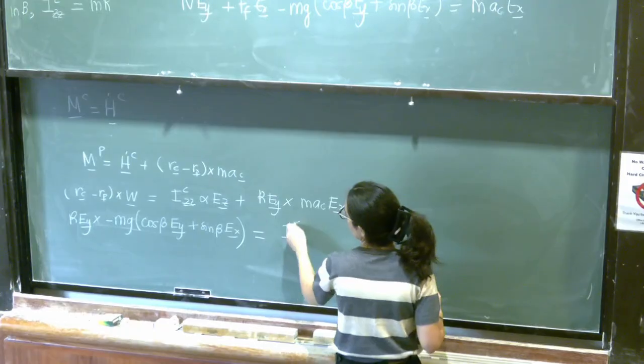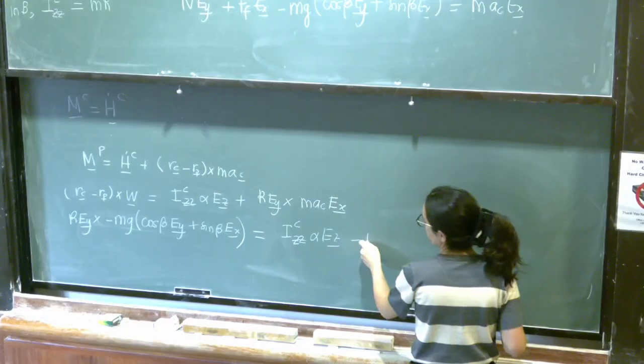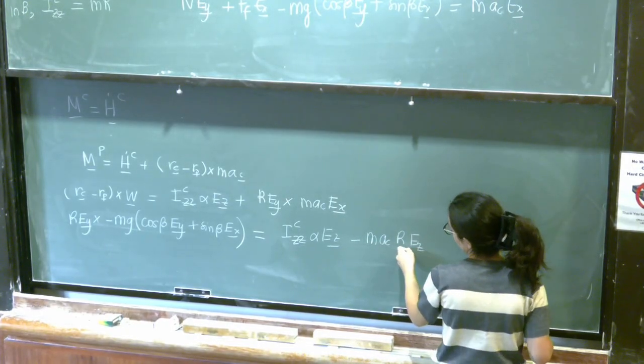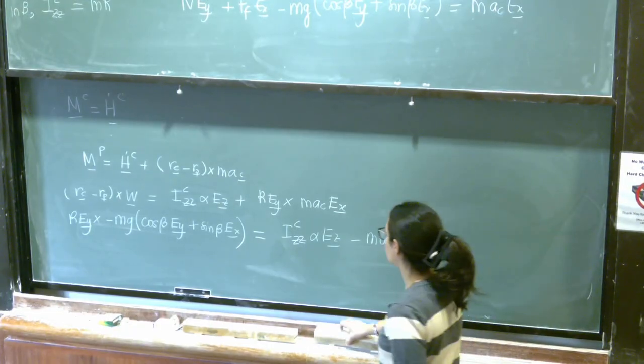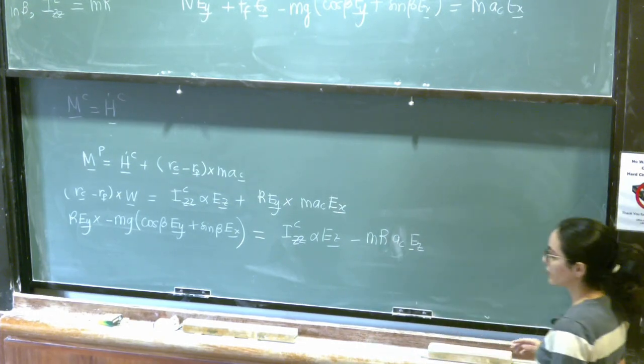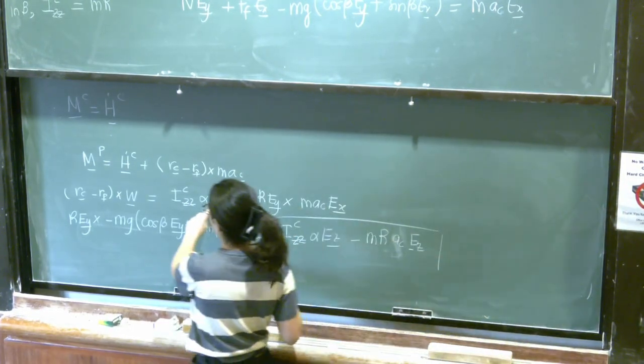So ICZZ alpha EZ. If ICZZ is 0, then ICZZ is 0. So you can replace ICZZ by whatever its value is, 0 or mr squared. Right? I'm not dividing by 0. I'm not dividing by ICZZ, so I don't have a problem.